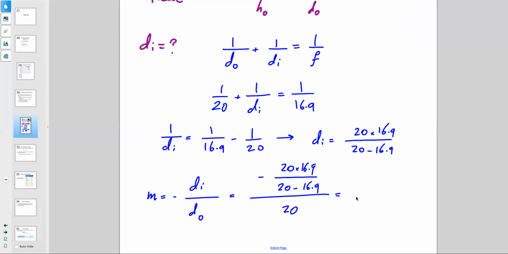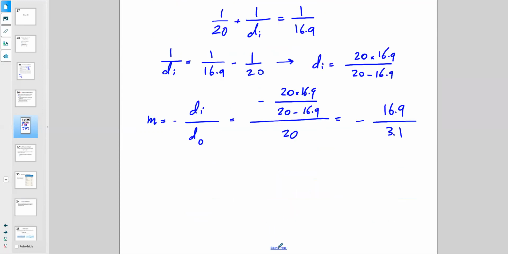Now, this is equal to negative 16.9. 20 minus 16.9 is 3.1. So if I use my calculator and calculate 16.9 divided by 3.1, it is 5.4, and it's a negative number.